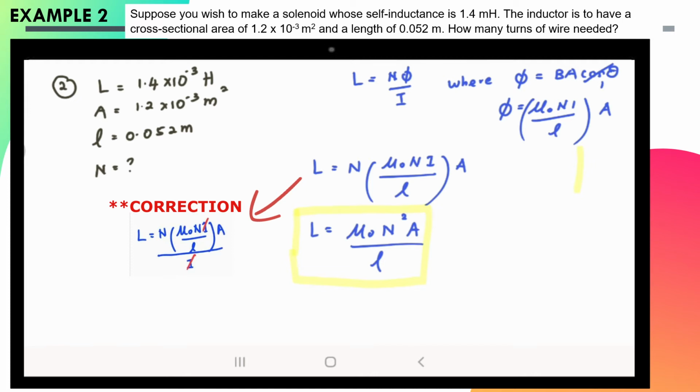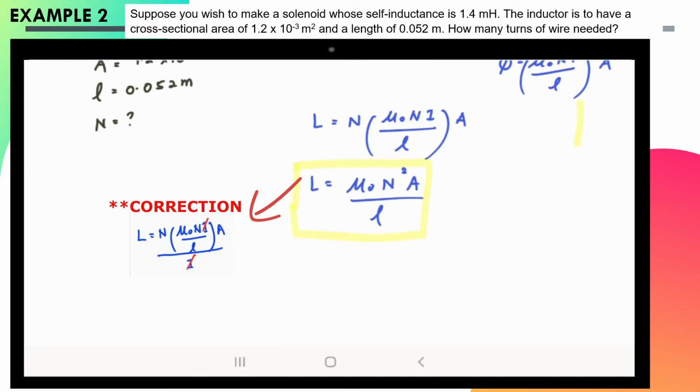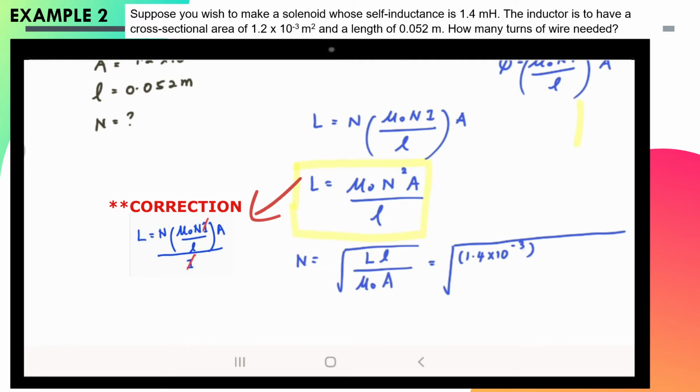Okay, we'll substitute all the values. We want to find N. So N is equal to the square root of capital L, the self-inductance, times L over mu naught A. Let's substitute all the values: 1.4 exponent negative 3 and 0.052 over 4 pi exponent negative 7 times 1.2 times exponent negative 3.